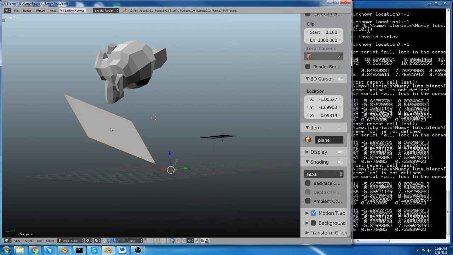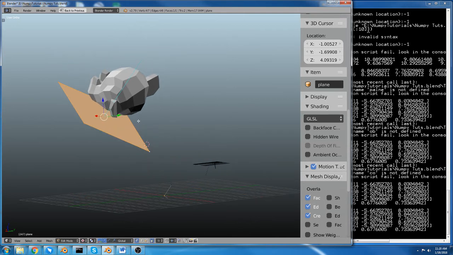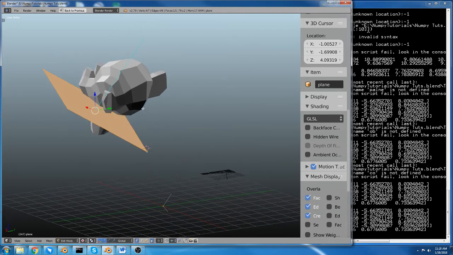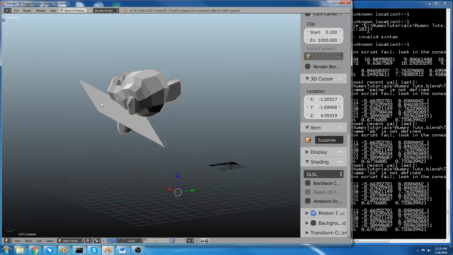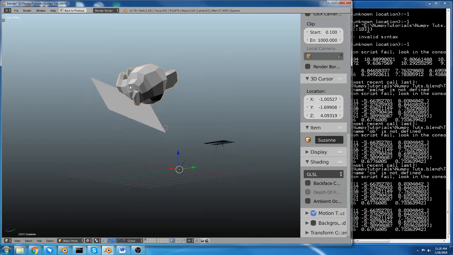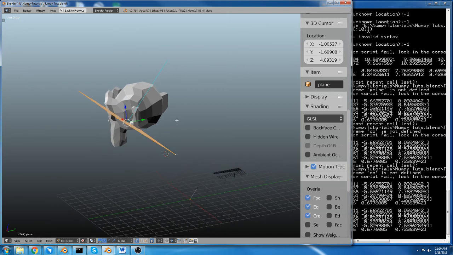It's out here arbitrarily somewhere in space. So in order to get the origin in a way that matches the location of this plane, we need to find a way to make Suzanne relative to this normal down here, taking into consideration the location of this plane. There's probably a better way I could say that, but hopefully you get the idea.